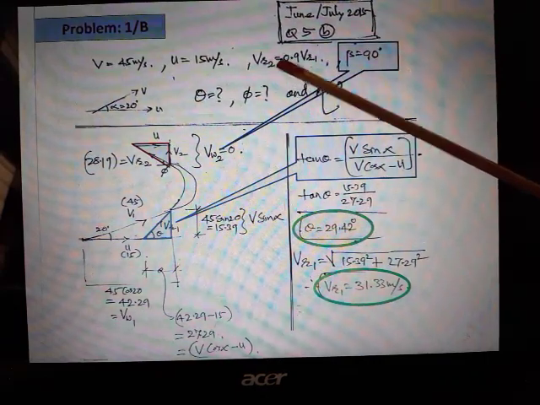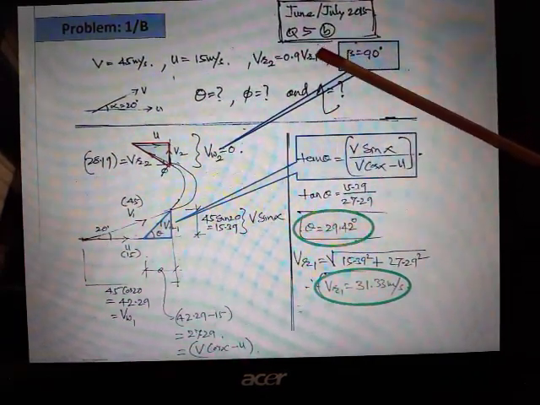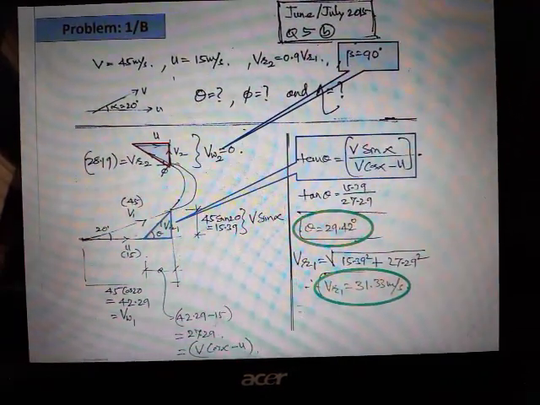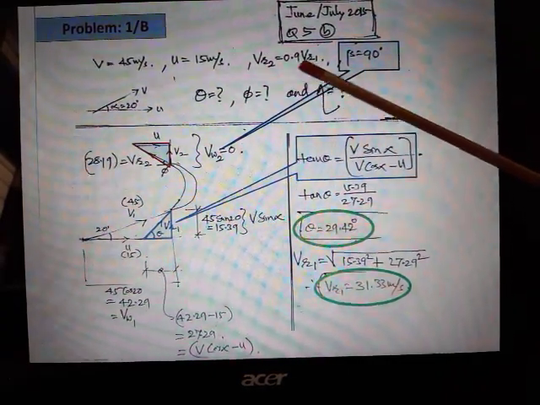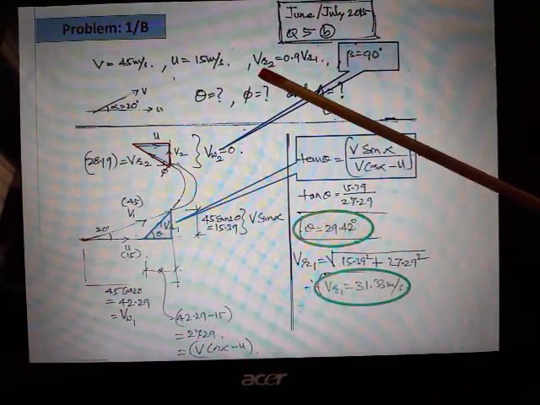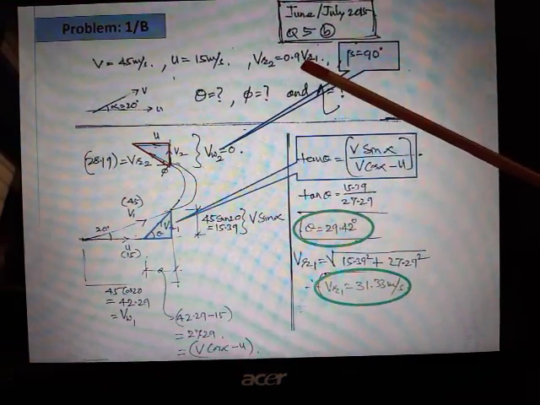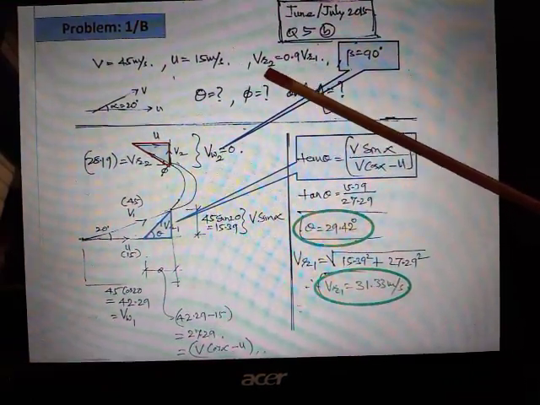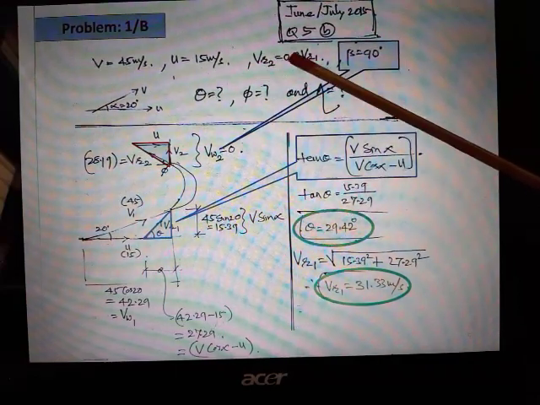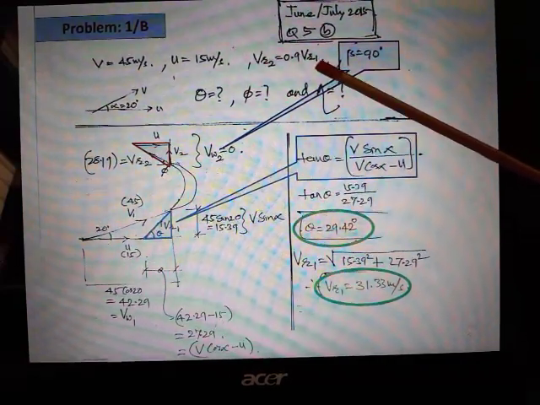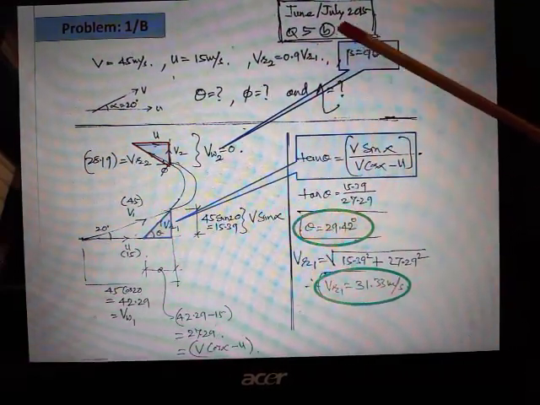VR2 is equal to 0.9 of VR1. Generally we assume VR1 equal to VR2 if there is no mention like this. This happens because some energy is lost when the jet hits the vanes. So VR2 is given to be 90% of VR1, or 0.9 times VR1.